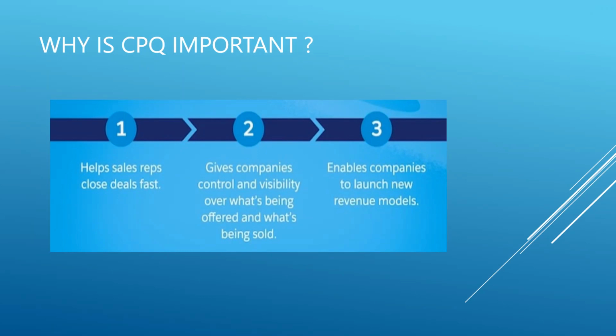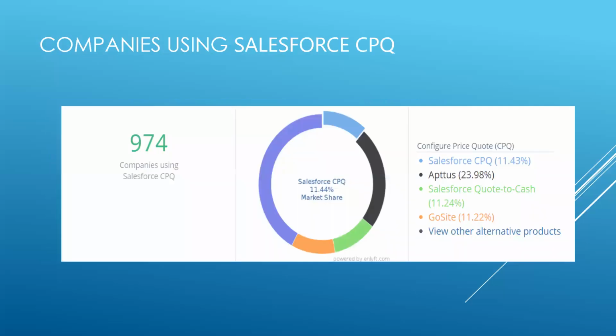The third thing is enabling companies to launch new revenue models. If a company wants to add a new product to the system, or wants a contract to be renewed or amended, CPQ makes that process much easier. Because of that, CPQ is more important for bulky quotes and for companies with products with larger margins. CPQ is a must-use for them.